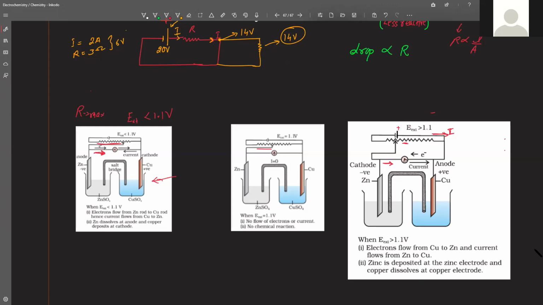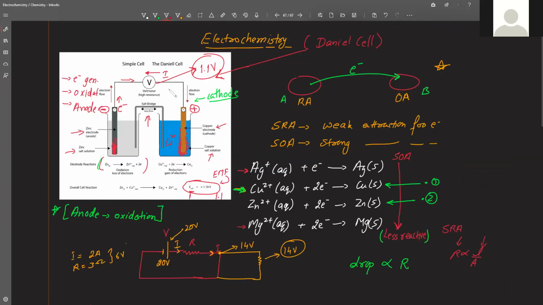So the direction of current is from zinc to copper. Now, why does that happen? Because if you see above, the voltmeter has given us the reading that the EMF of the galvanic cell, or the Daniell cell, is 1.1 volt.